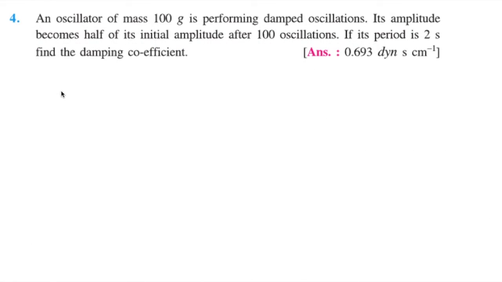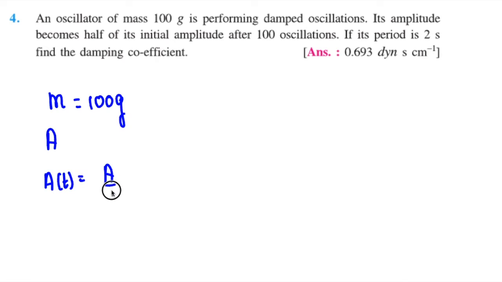Fourth question. In this question we have an oscillator of mass 100 gram, performing damped oscillation. Its amplitude becomes half of its initial amplitude. Suppose the initial amplitude is A, and at any time t it becomes A by 2 after 100 oscillations.